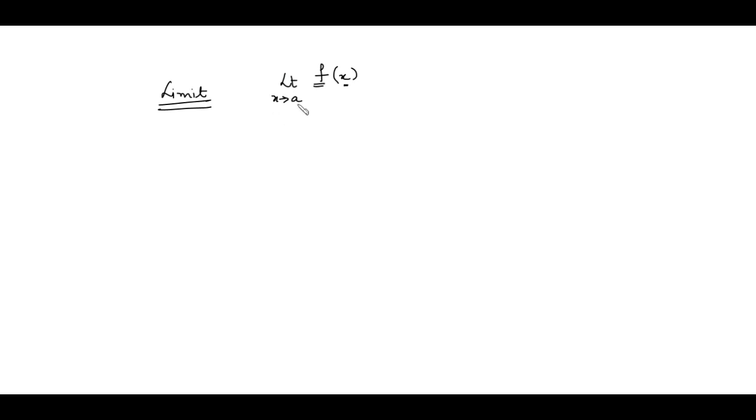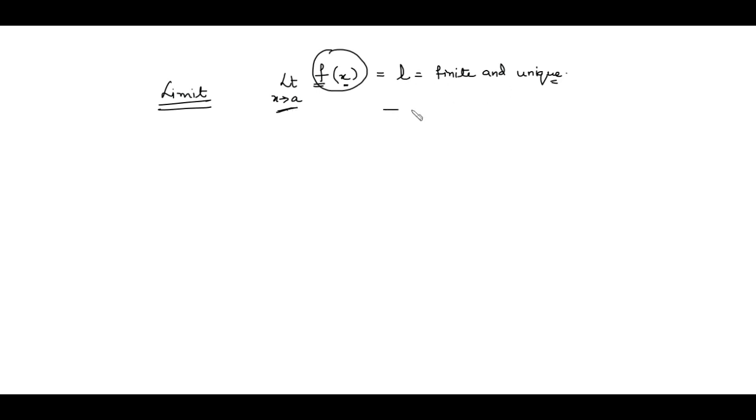Whenever x tends to a, if f(x) approaches some number L where this L is finite and unique, then you will say the limit exists at x equal to a, right? So this function has a limit at x equal to a.